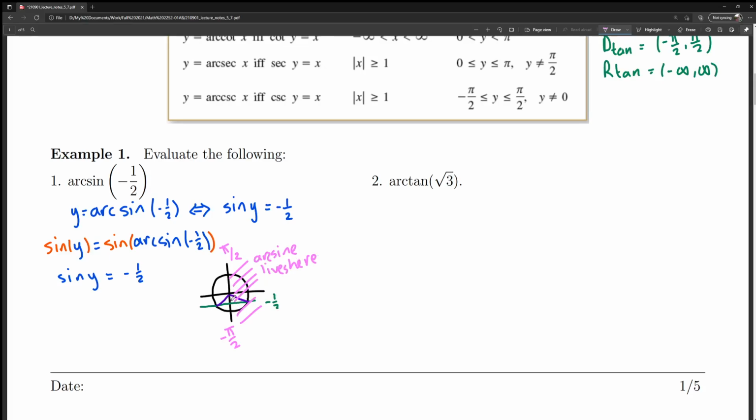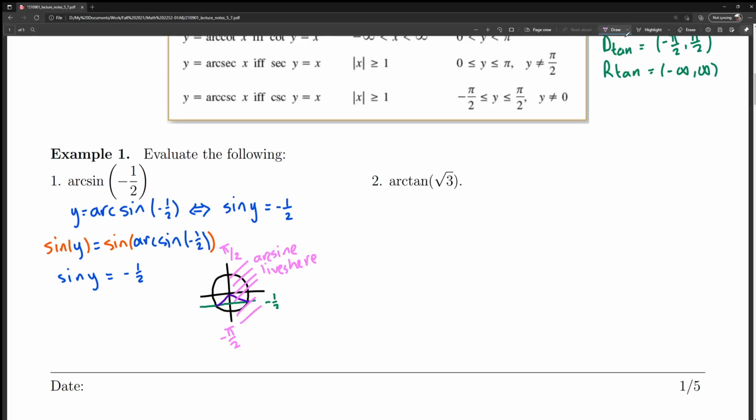And if you know your unit circle, you can then see that this value right here corresponds with negative pi over 6.